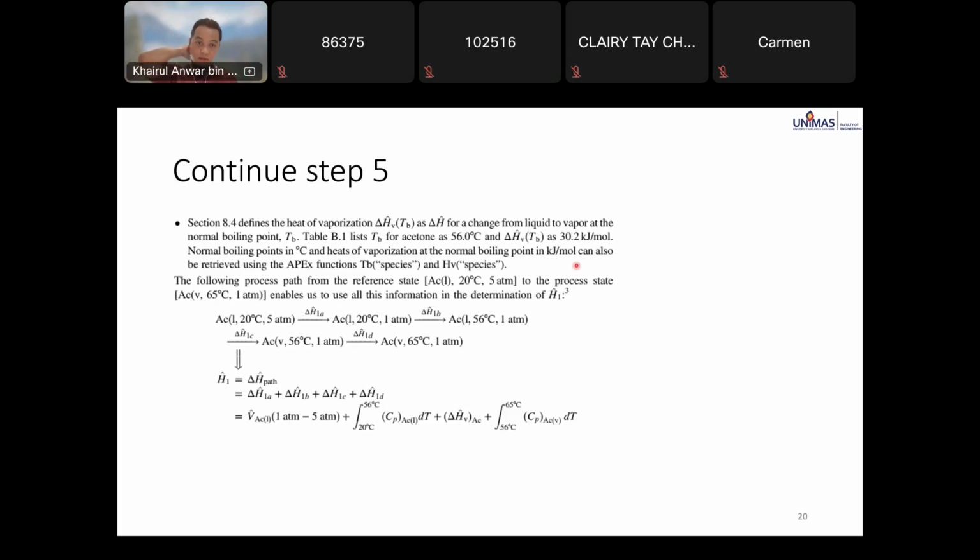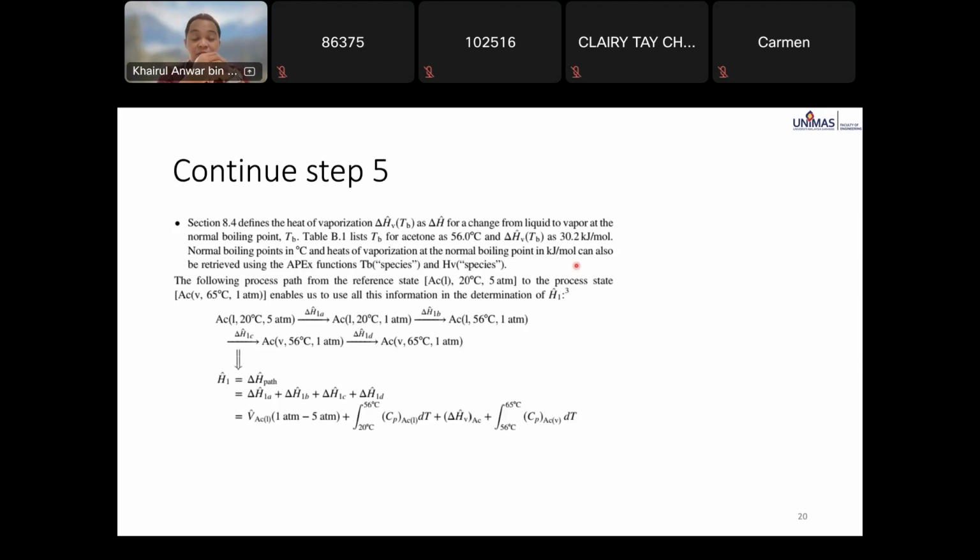So table B1. Delta H B is delta H for liquid to vapor at normal boiling point TB. Table B1 lists TB.